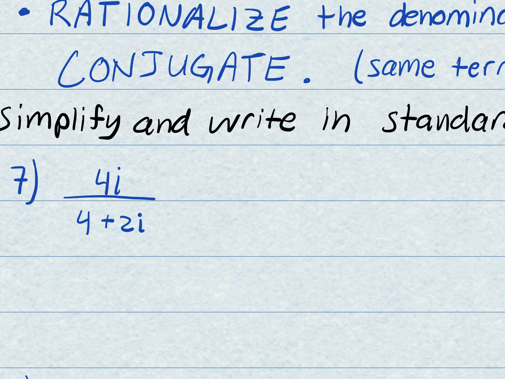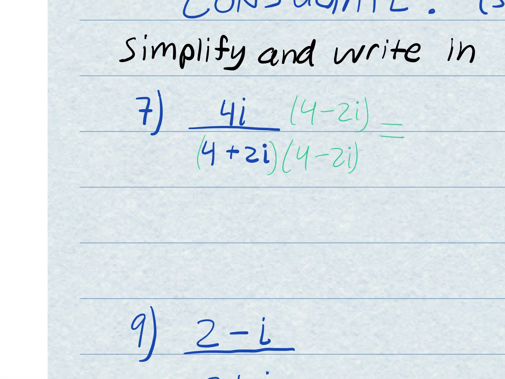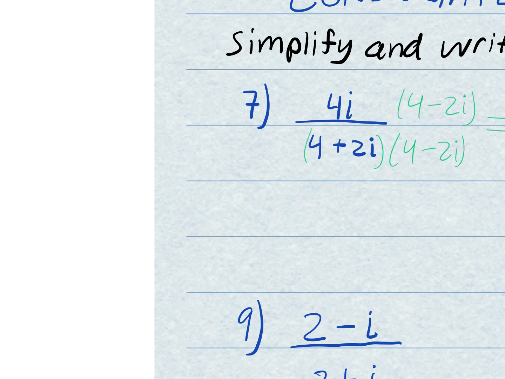So to simplify it, we multiply by the complex conjugate. In this case, the complex conjugate is going to be 4 minus 2i. You get exactly the same terms, just one is plus, one is minus. So if we originally had a plus, we're going to have a minus in our conjugate. And the shortcut for this, if you have something in standard form, is a squared plus b squared.